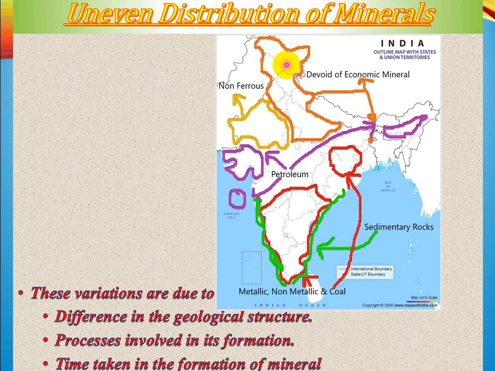It is just a general knowledge question, though not quite general knowledge. Basically it is connected with the formation of this part, the Himalayan region and the northern plain. So find out why the northern plains are totally devoid of economic mineral.